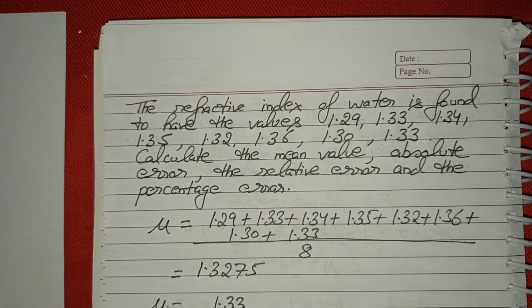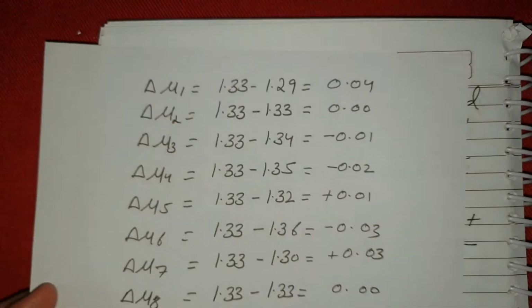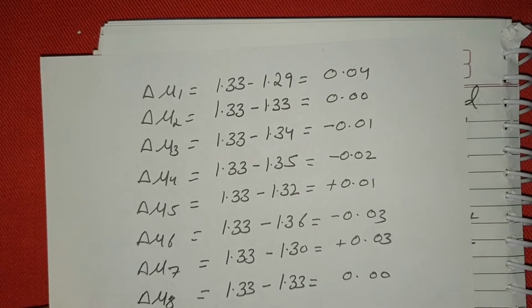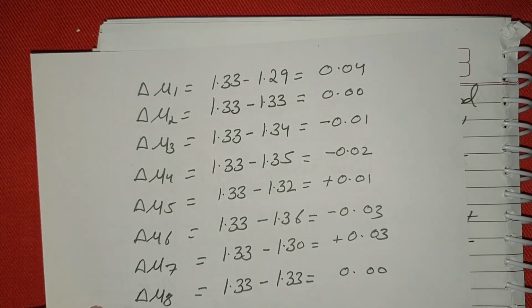Now we have to find the mean absolute error. The mean absolute error will be, you add all of these with the modulus value, taking only the positive values, divided by 8.